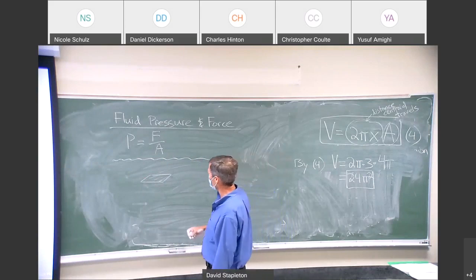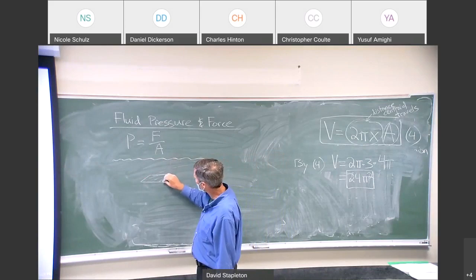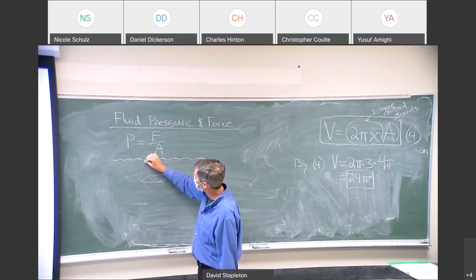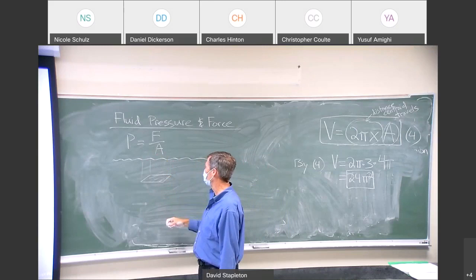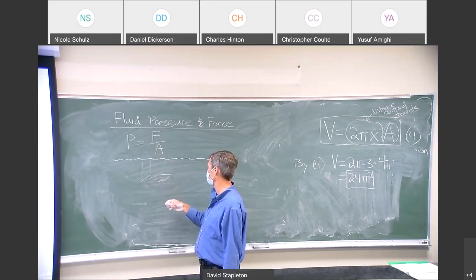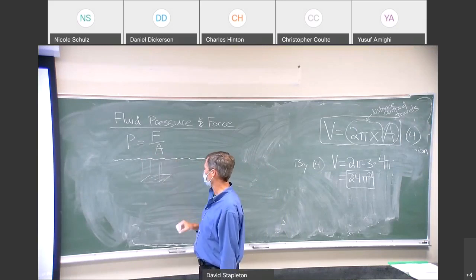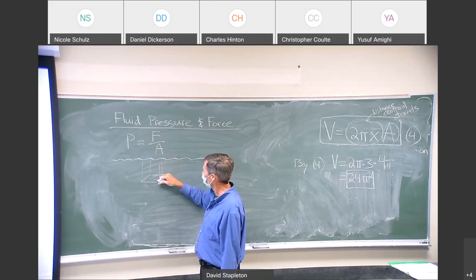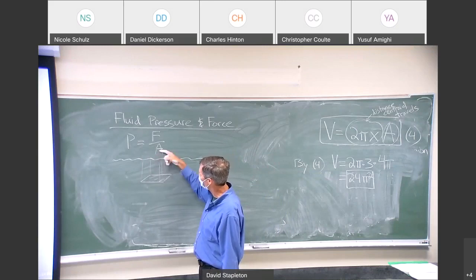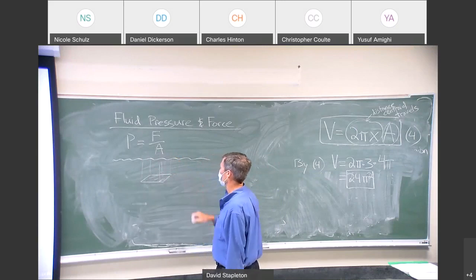And so the pressure down here, because it's an incompressible fluid, is equal to the weight of the water sitting on top of it. So the force on top of the rectangle divided by the area of the rectangle gives you the pressure for a horizontal object.